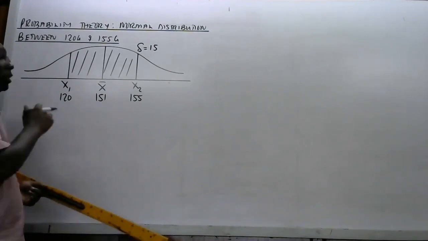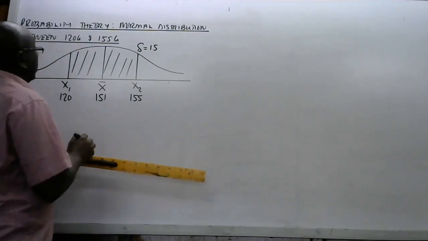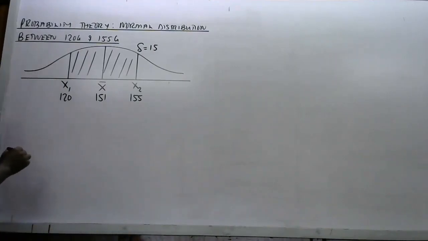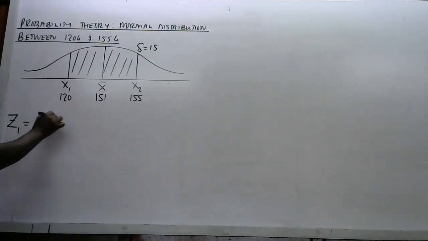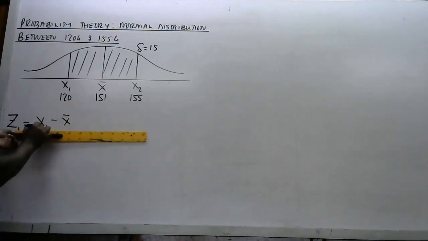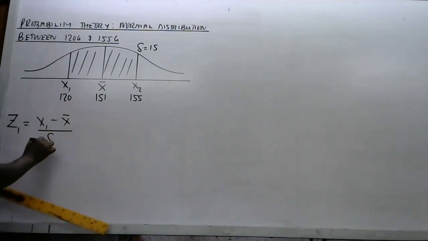So we are going to have Z1 as x1 minus x bar, you divide by standard deviation.